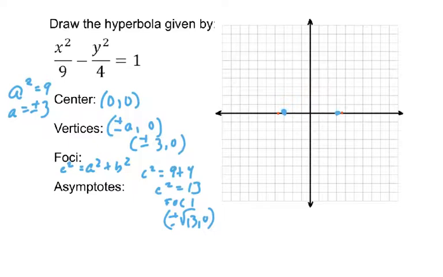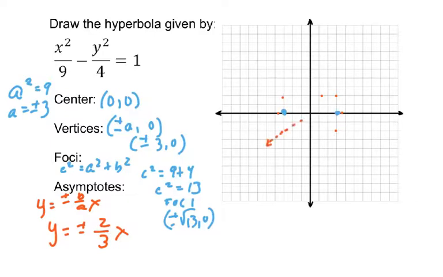And then your asymptotes for this type of hyperbola are going to be plus or minus b over a x. So in this case, it's y equals plus or minus 2/3 x. So that means going up to the right 3, and then down to the left 3, down to the right 3, and then up to the left 3.